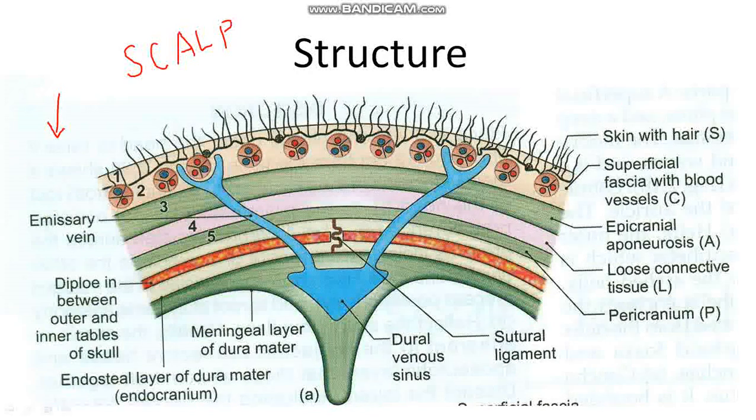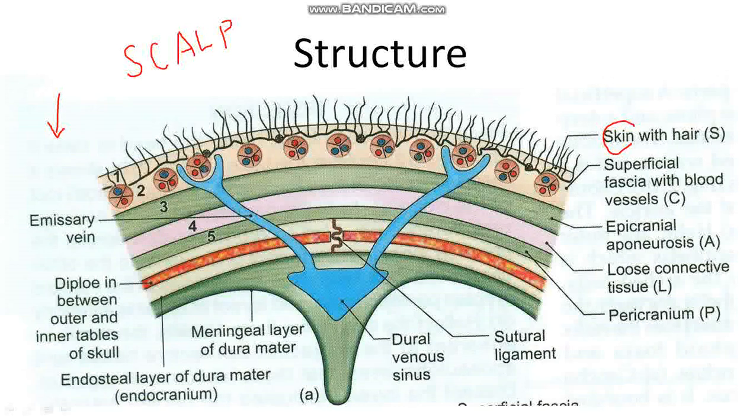First, S stands for skin. This is the skin, and here you can see the skin with the hairs. These are the hair follicles embedded in this layer. So this is the epidermis, and then this one is the dermis.